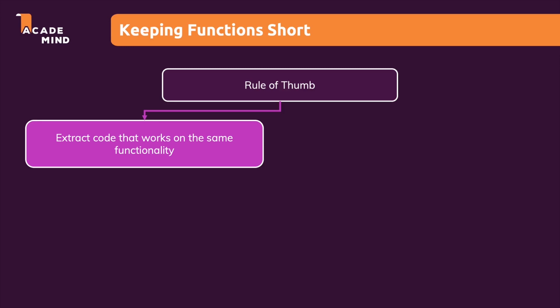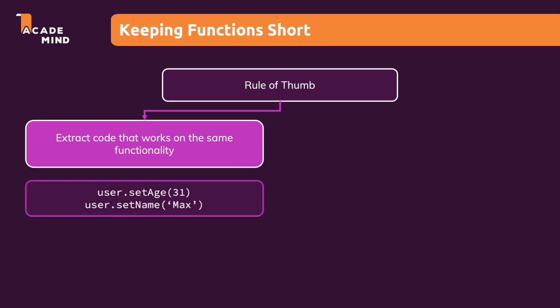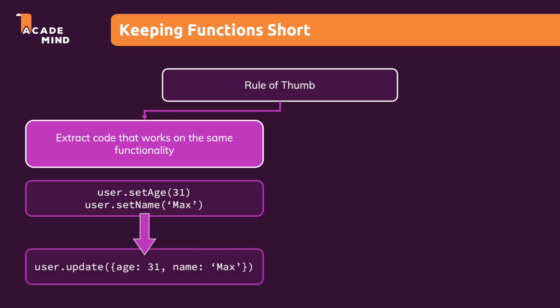For example, if you have a function which calls both setAge and setName, you could consider merging this into one function, a new function, or a new method in this case, which you outsource from that function in which it was originally. So that in the original function, you now only have to call one other function, which then does the actual work of setting an age and a name. So whenever you have an opportunity like this to remove a block of code from one function and put it into another function, you could consider doing that.